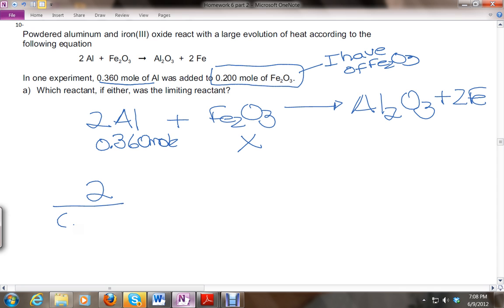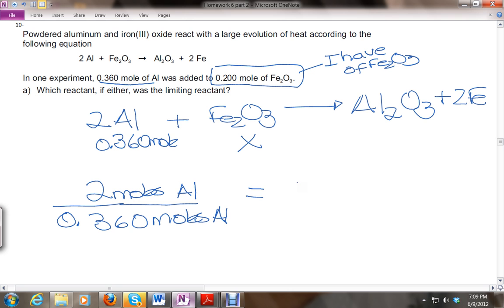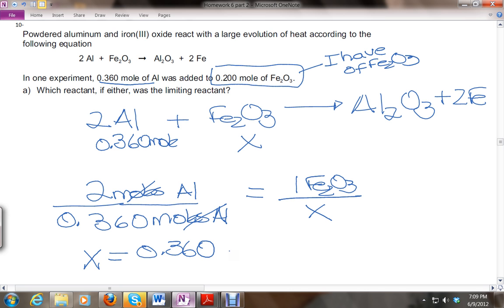2 moles of Al divided by 0.360 moles of Al equals 1 mole of Fe2O3 divided by X. So moles of aluminum and moles of aluminum cancel out, and you would have 0.360 moles of iron oxide divided by 2.